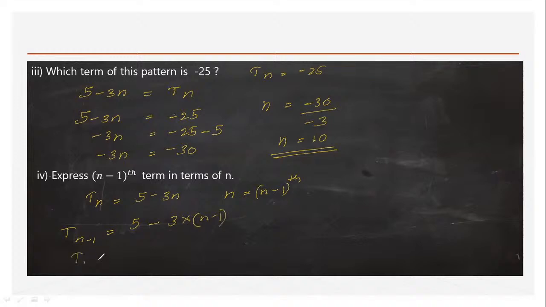Remove the brackets: 3 times n, 3n, and minus times minus is plus 3 times 1, 3. 5 plus 3 is 8. Then Tn minus 1 equals 8 minus 3n. This is the n minus 1 term.